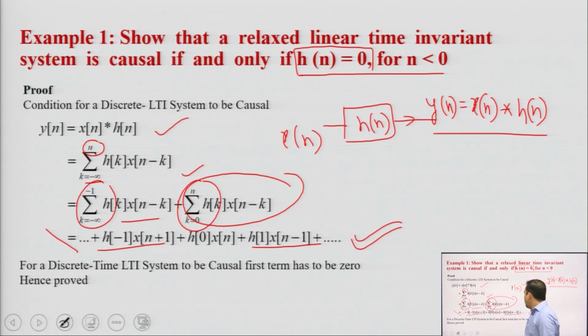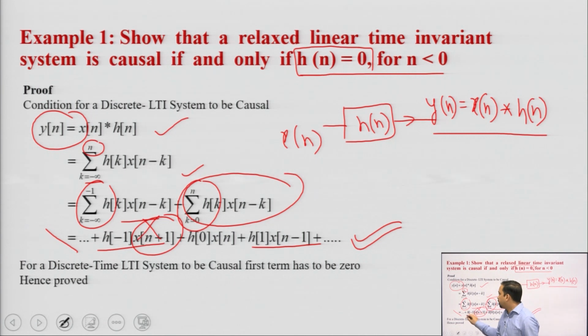For a discrete LTI system to be causal, we go to the definition of causal, that the present output depends upon the present value of input. If we want this system to be causal, the output y[n] must not depend upon x[n plus 1], meaning this expression should be independent of it. So, if h[n] equals 0 for all negative values of n, we eliminate these terms; all these left-hand side terms are eliminated by putting this condition.